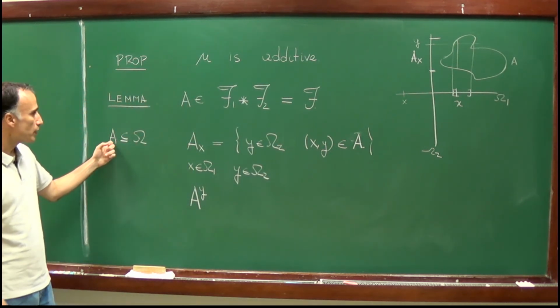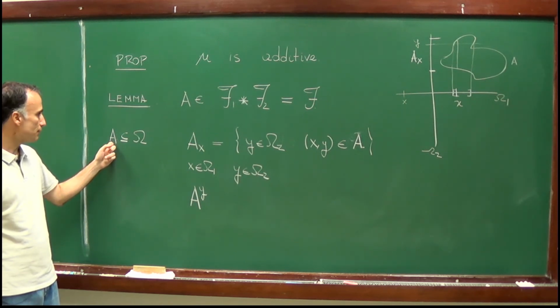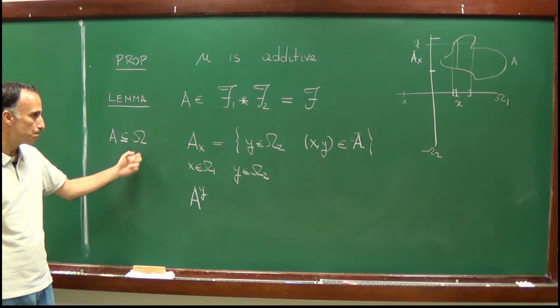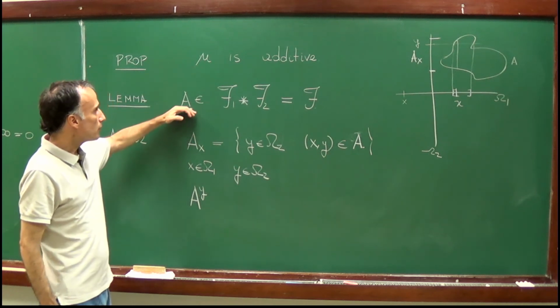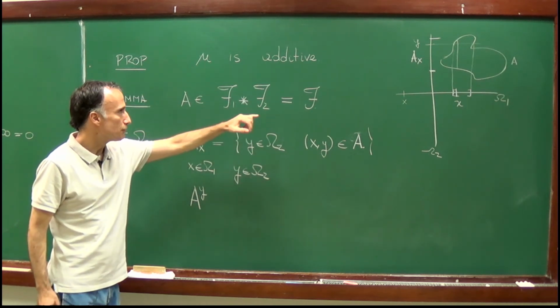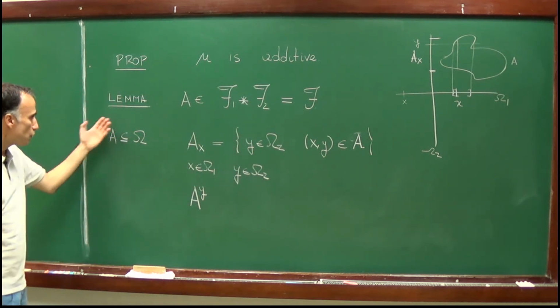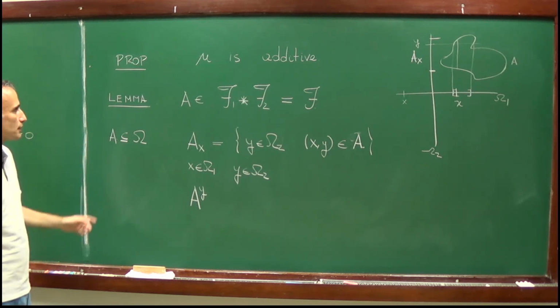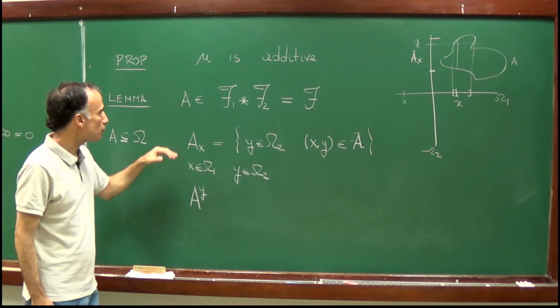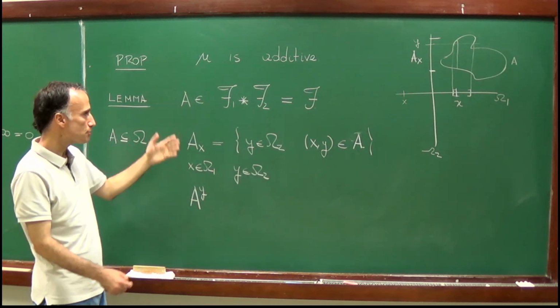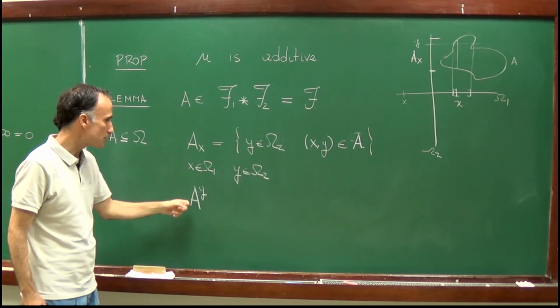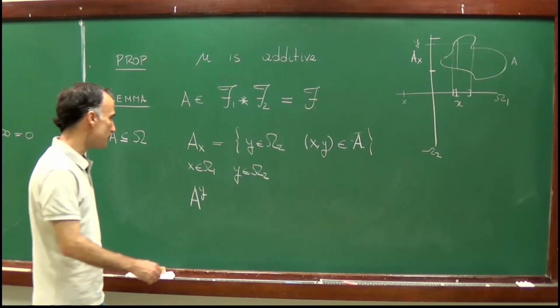And so I'm defining the section for any subset of omega, not only for the elements of the sigma algebra F. Of course, if A belongs to the sigma algebra, these sections will have special properties.